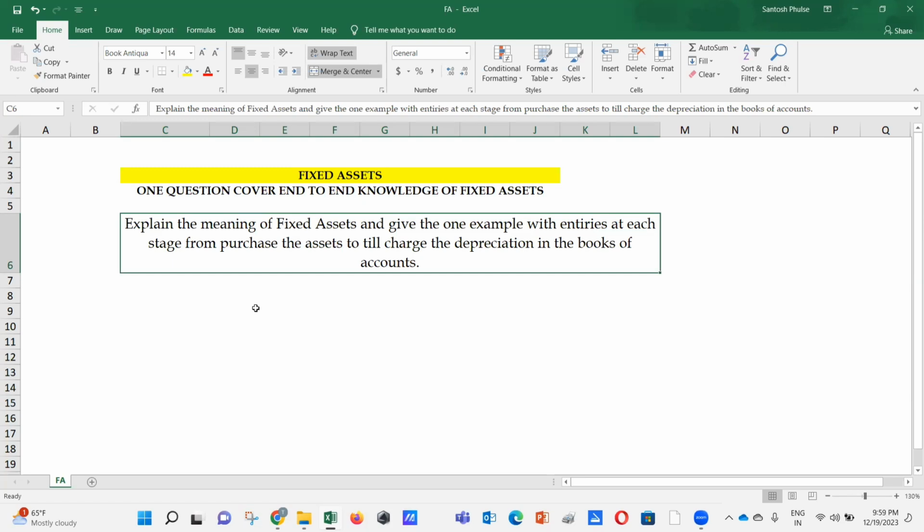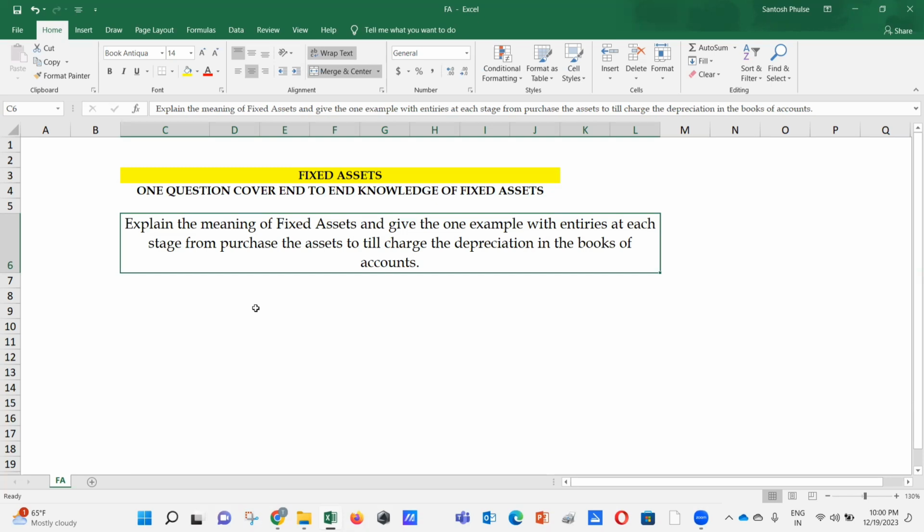So until the time of capitalization of the asset, whatever expenses are incurred, we have to capitalize those expenses with the asset. For example, if we purchase machinery, installation charges are going to be required, and installation also takes 1 month or 2 months.